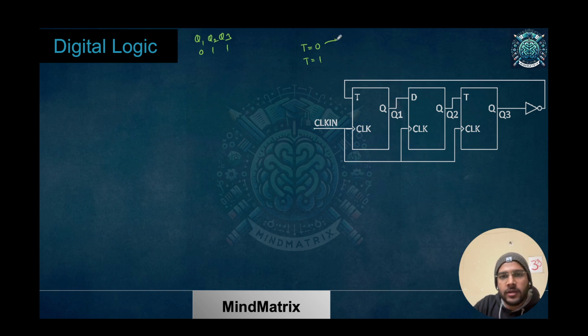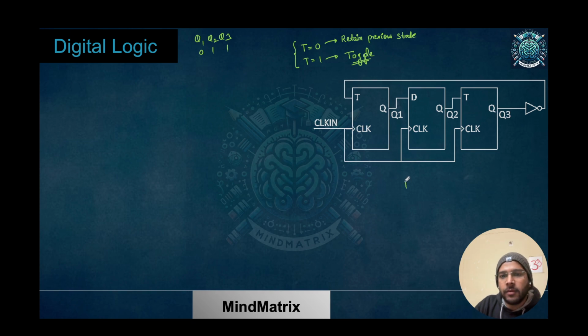Now if the value of T is 0, it is going to retain the previous state. But if T is equal to 1, it is a case of toggle. Whatever is your previous value, it is going to toggle it. So this is how a T flip-flop behaves.